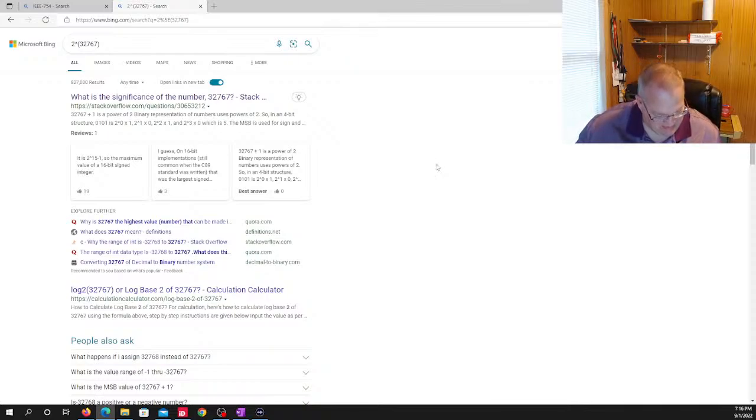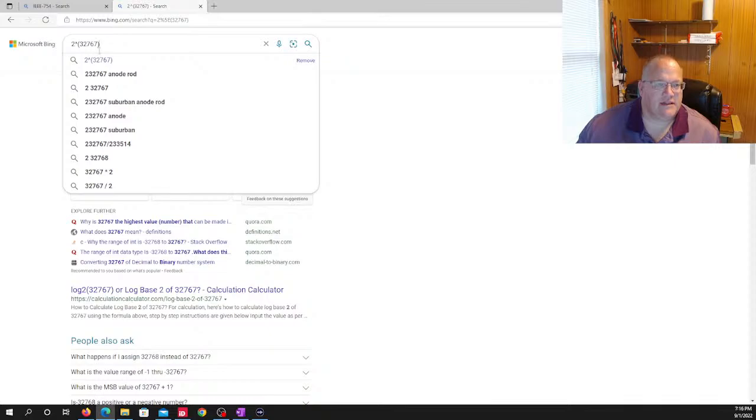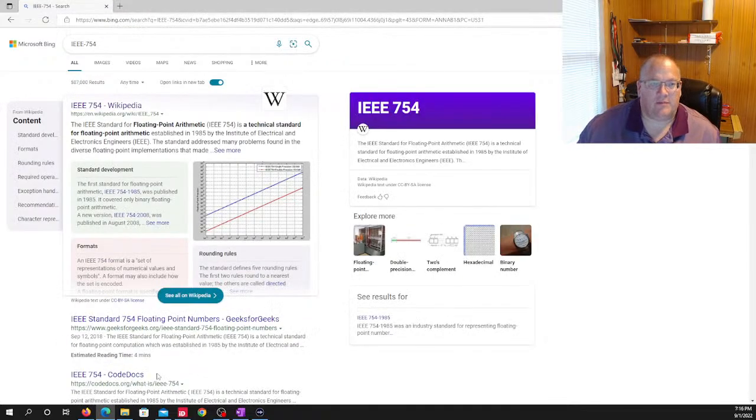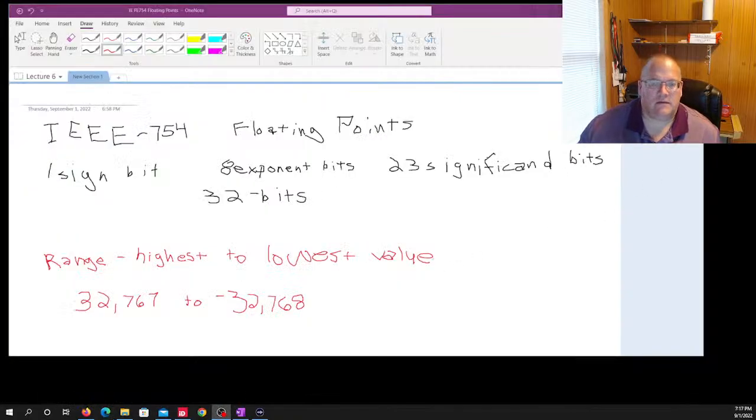Oh no, this isn't for the IEEE one. I misspoke on this. It's not correct. Actually, it's far bigger than this. This is the maximum range in an integer, a 2's complement integer. I don't need this.